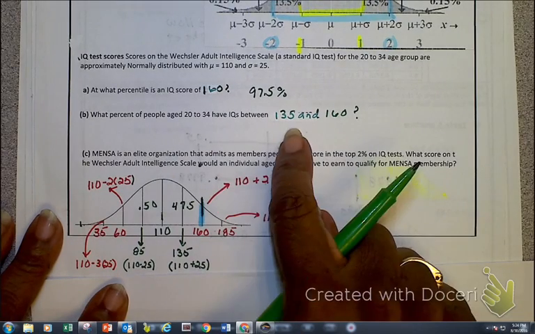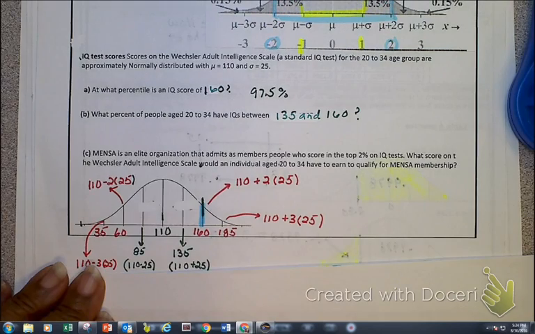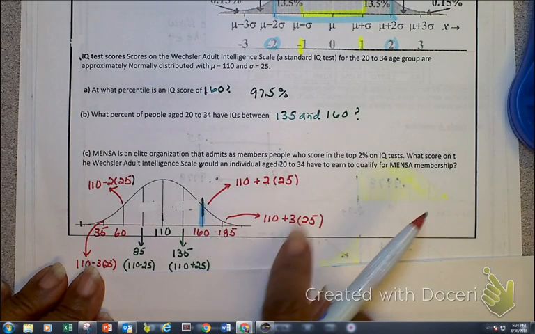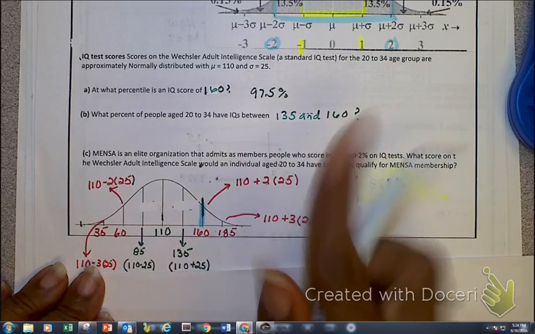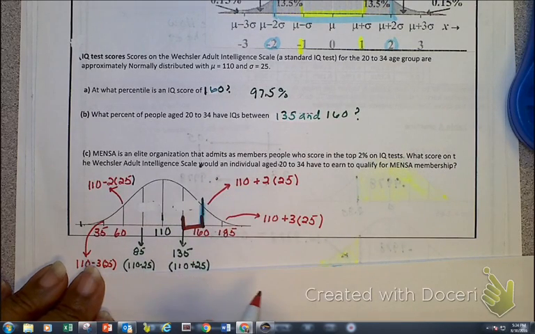Next, I'm about to look at this one. So now I'm looking at from 135 to 160. So that is the region that I'm looking for.